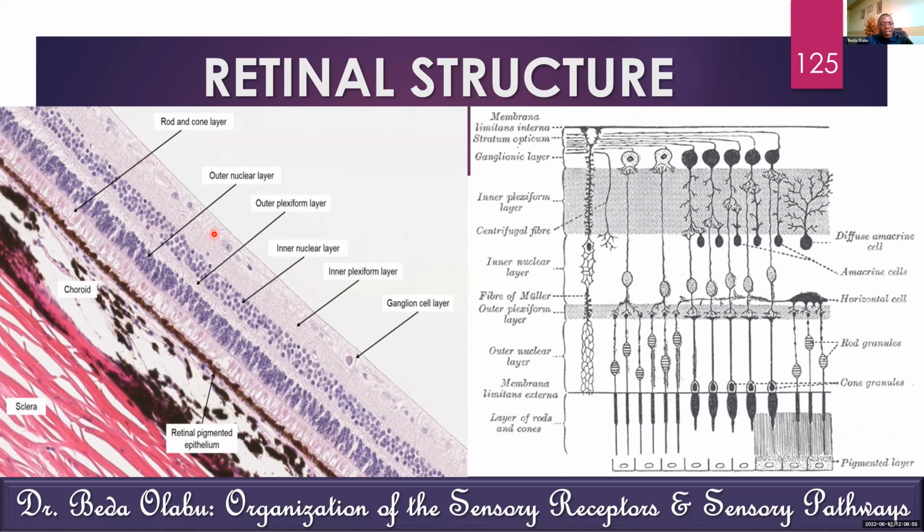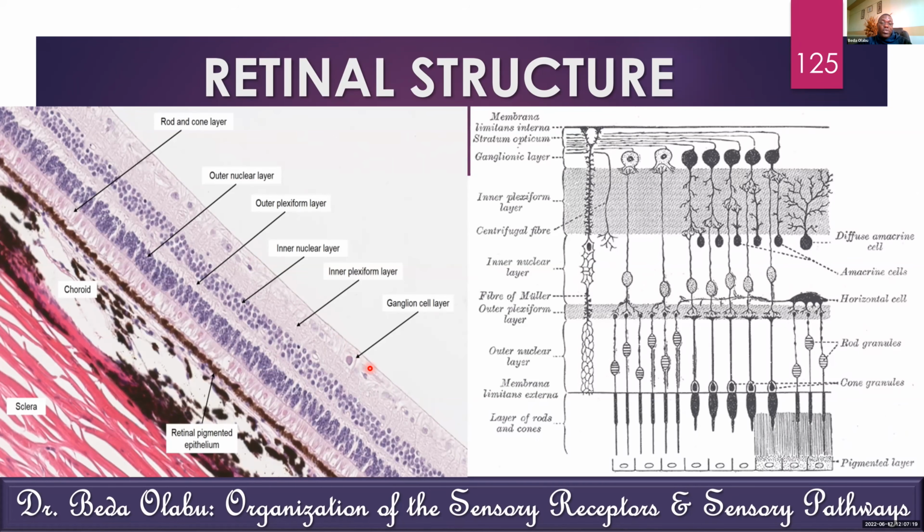Layer 8 there is called the ganglion cell layer. The ganglion cell layer contains the cell bodies of the optic nerve, the cell bodies of the second order neurons. Layer 9 is called the nerve fiber layer. The nerve fiber layer will be somewhere there.